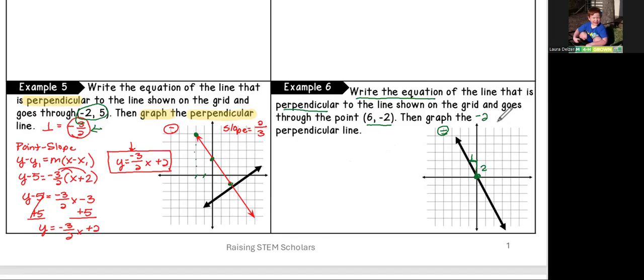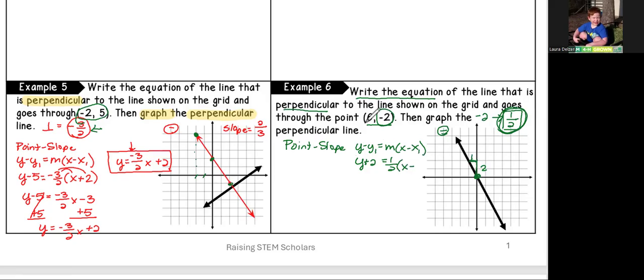Well, we need a perpendicular slope. So we cannot have -2. It's going to have to be +1/2. This is the slope we will use. So let's go ahead and write our point slope equation. And so we've got y minus y1 equals m times x minus x1. Y minus -2, which is really minus a -2, is going to be +2. My slope is this 1/2.